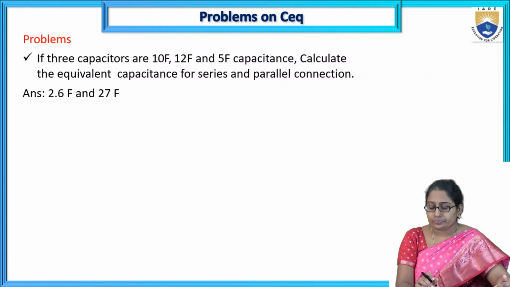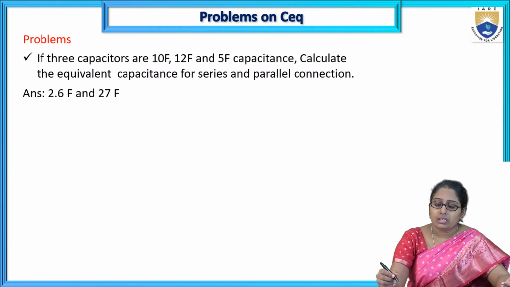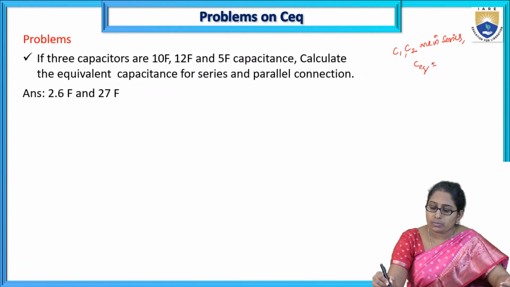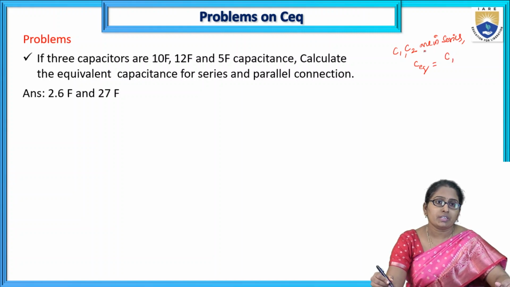We know that already. When two capacitors are in series, what is the C equivalent? Product by sum, C1 C2 by C1 plus C2.